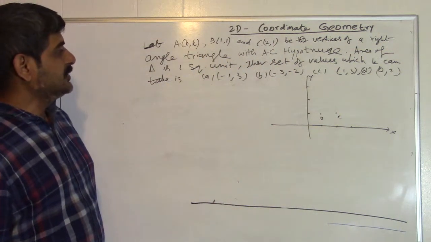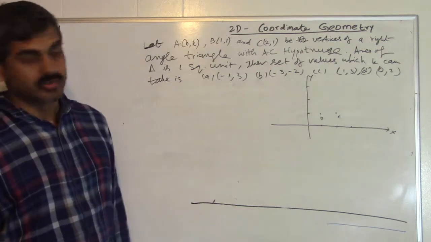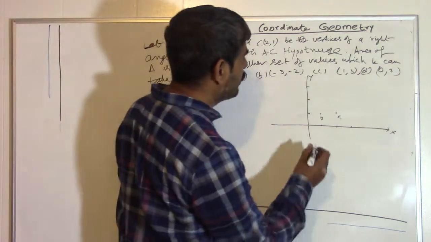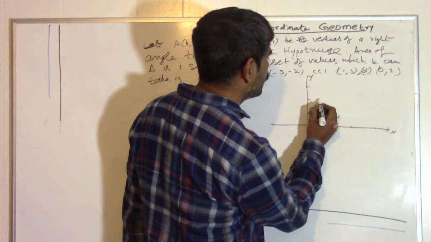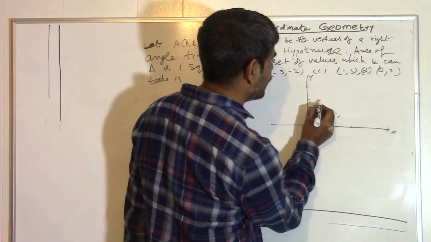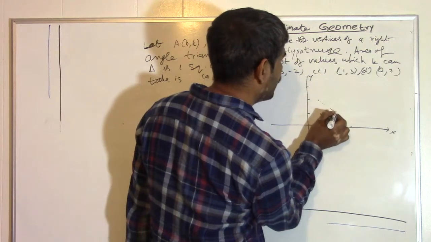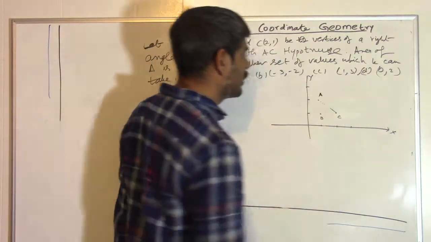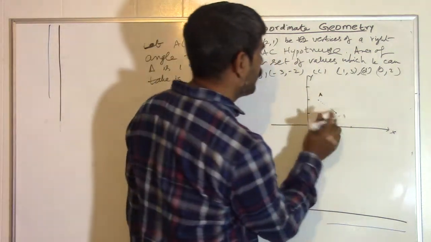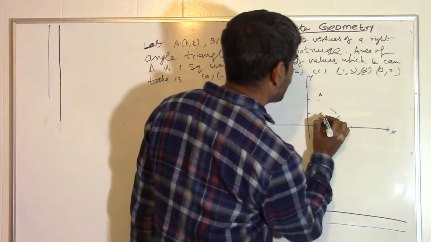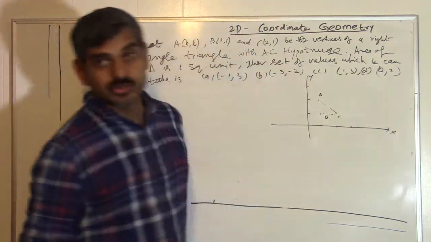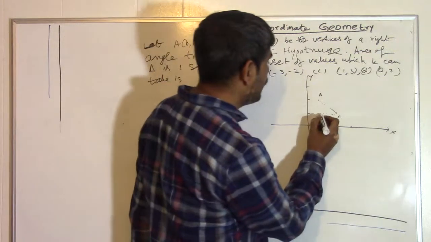And then AC is the hypotenuse. So for example, this is a right angle triangle. So A can be right here. Okay, so this can be my triangle if A is here. But A can also be somewhere here.